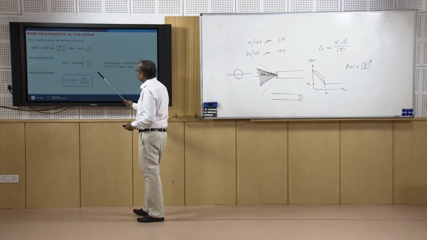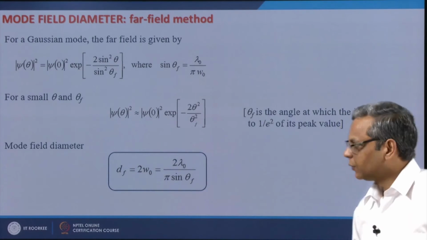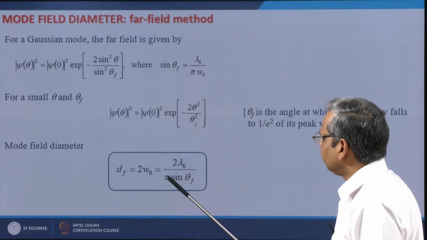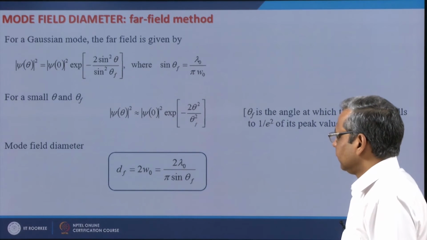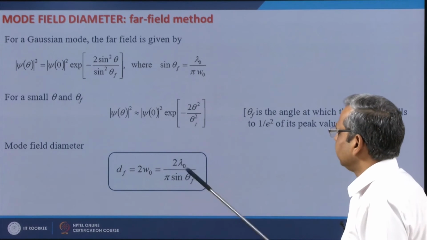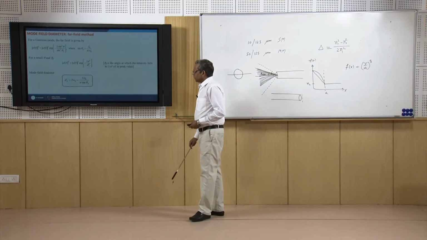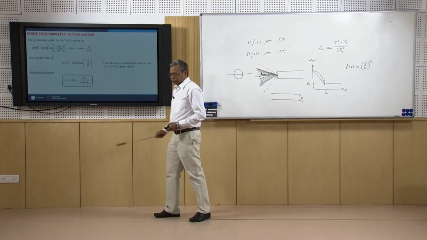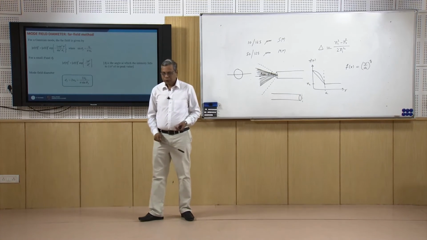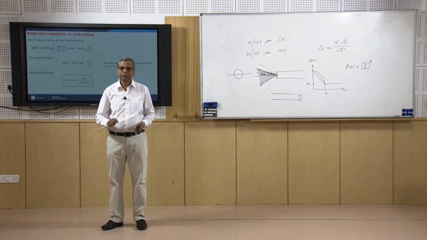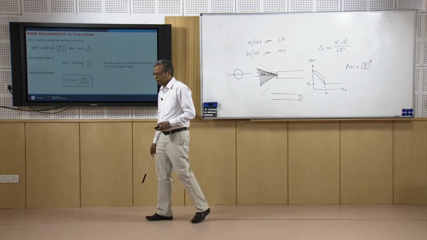So, if I am able to measure this theta_f, then I can find out the mode field diameter by this, which is 2 lambda naught over pi sin theta_f, which comes from here itself. So the problem only reduces to measuring the intensity distribution in the far field.